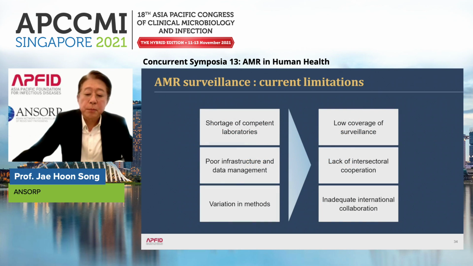The basic problem in many low and middle income countries is they don't have competent reference labs, adequate infrastructure, and data management system for accurate surveillance. Also, many of them are using non-standardized methods for surveillance. Due to these basic problems, we still do not have effective surveillance programs in many parts of the world. Also, intersectoral cooperation and international collaboration should be improved.